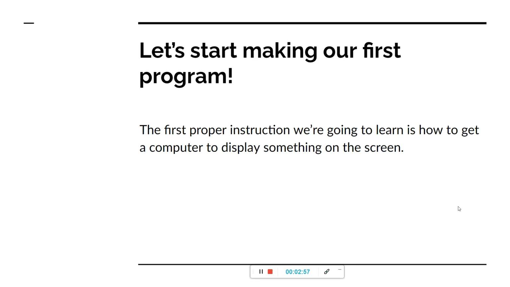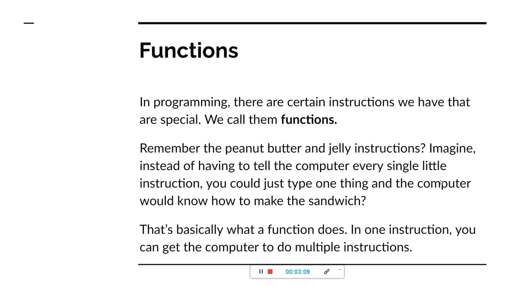So let's start making our first program. The first proper instruction we're going to learn is how to get a computer to display something on the screen. In programming, there are certain instructions that are special. We call them functions. You remember the peanut butter and jelly instructions? Imagine instead of having to tell the computer every single little instruction, you could just type one thing and the computer would know how to make that sandwich.